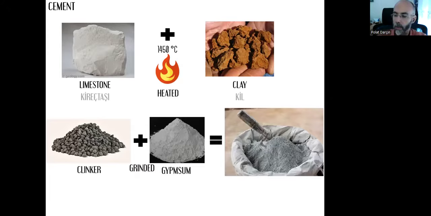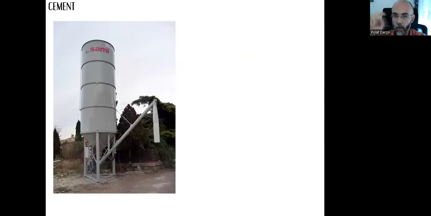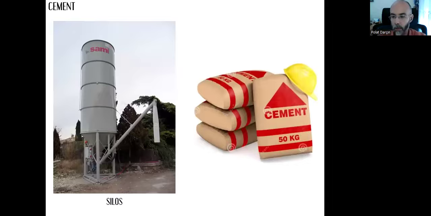And it's ready to use. We can store them in silos. These are special storage buildings or equipment, let's say. And they are provided in these 50 kilogram paper bags.